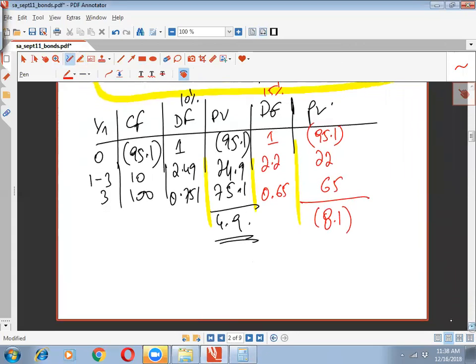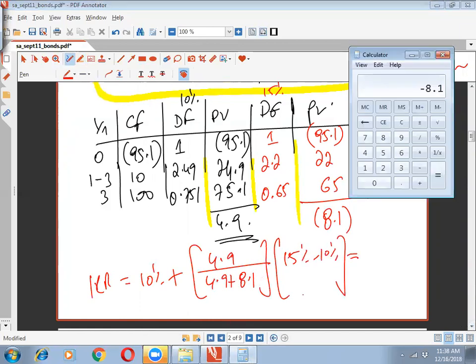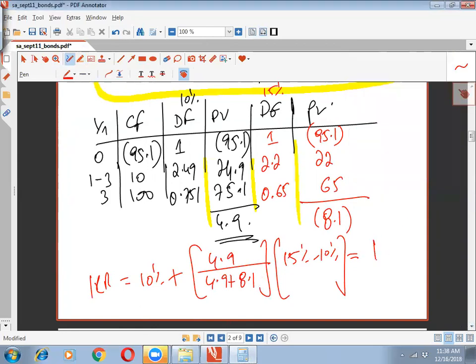Now, to calculate the IRR from this information: 10% plus 4.9 divided by 4.9 plus 8.1, multiplied by 15% minus 10%. It turns out to be almost 11.88, or 11.9%.